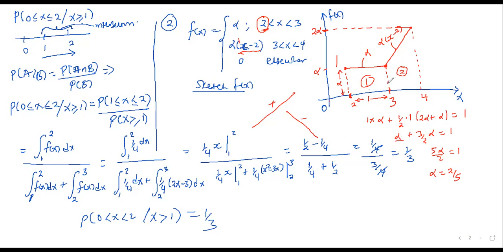This is a trapezium. This is the height h, which is 1. This is b in the formula for trapezium, which is 2 alpha. This is a in the formula for trapezium, which is alpha. Area of the trapezium is a half h into a plus b. Are you better now?